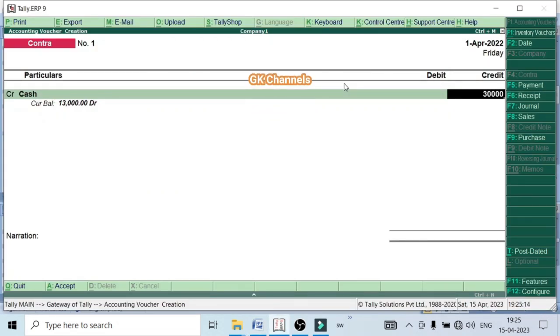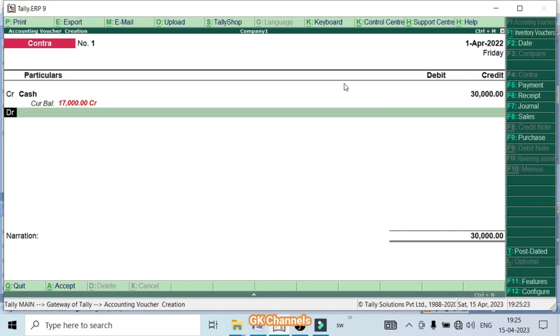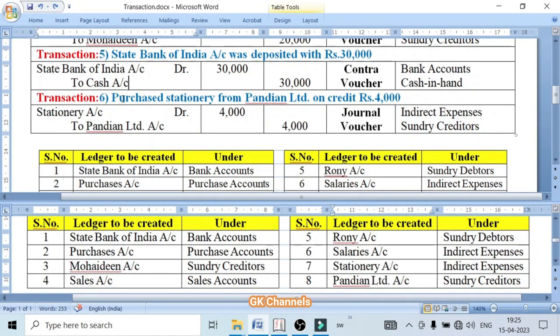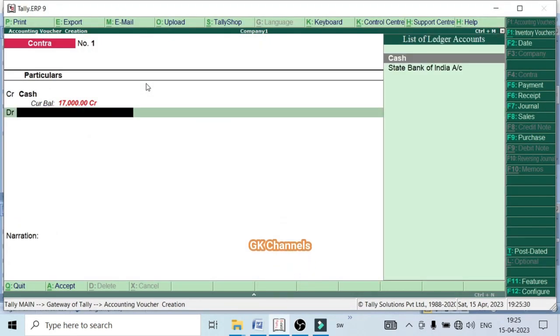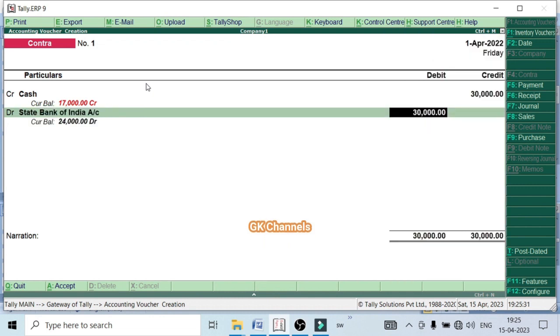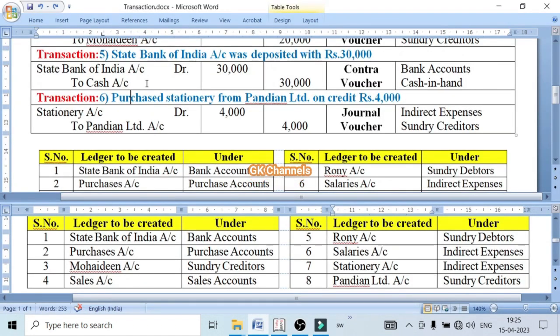I'm entering 30,000. Negative cash warning will come because we don't have any amount initially. So initially some other transaction should come. Next, debit State Bank of India account. So in DR I am selecting State Bank of India account 30,000. And I am saving this transaction.